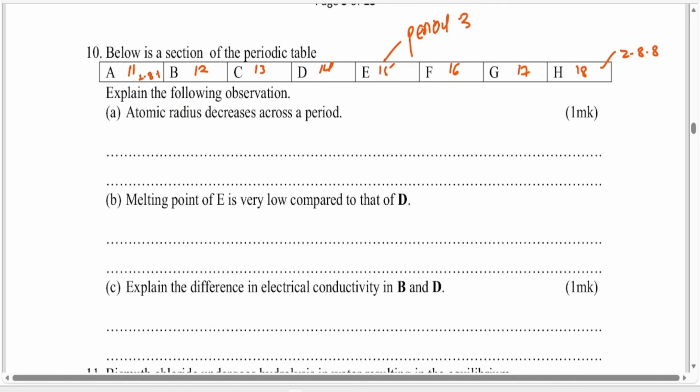You may add because of increase in the number of protons across the period. You may add that, but we say due to increase in nuclear charge across the period.